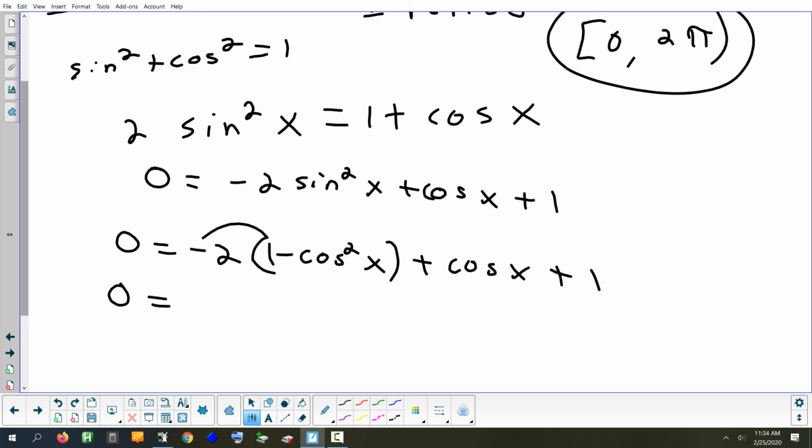Eric, what's -2 times 1? -1. So I distributed and I combined my constants all in the same stuff. Brandon, what's -2 times negative cosine squared? 2 cosine squared. Yep. And the squared term automatically just became positive.